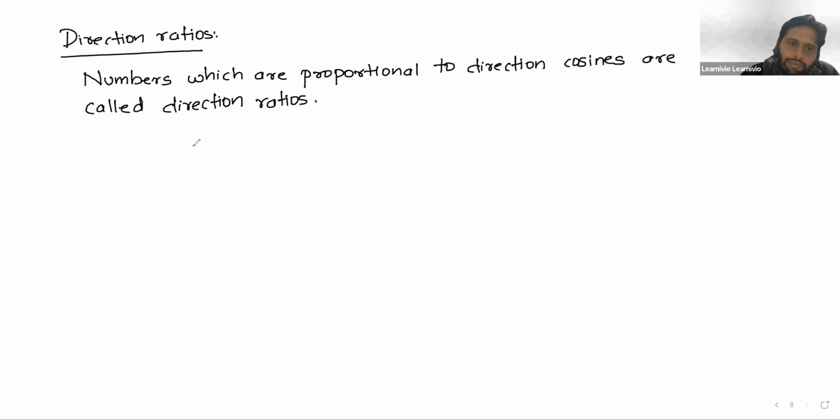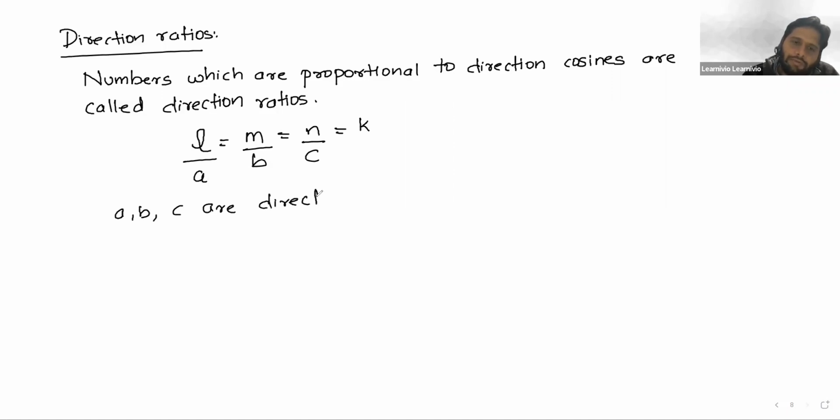They always follow this relation: L by A is equal to M by B is equal to N by C is equal to a constant. So A, B, C are direction ratios. The numbers which follow this relation are called the direction ratios.